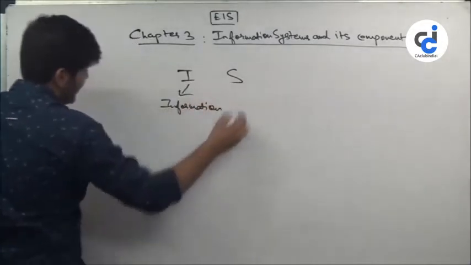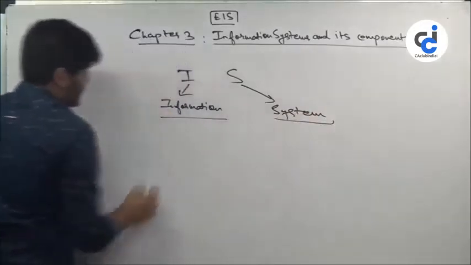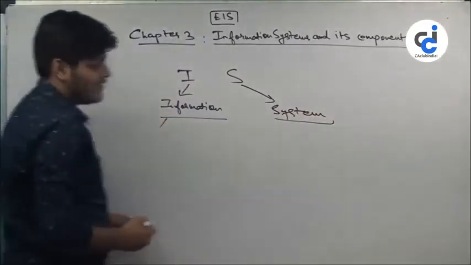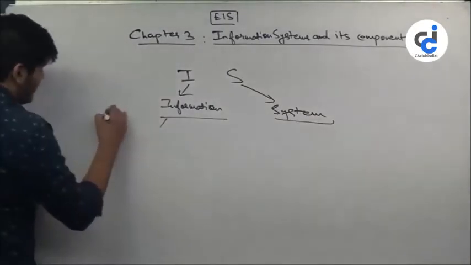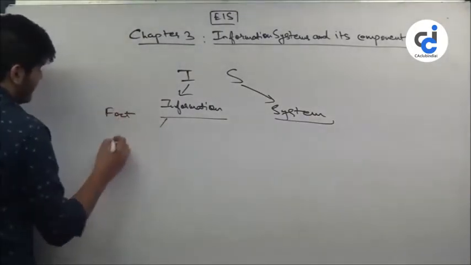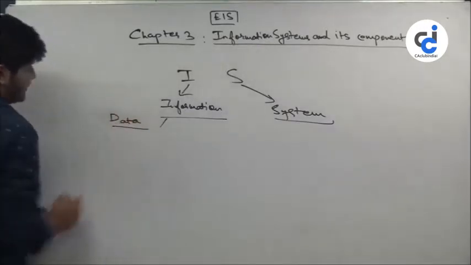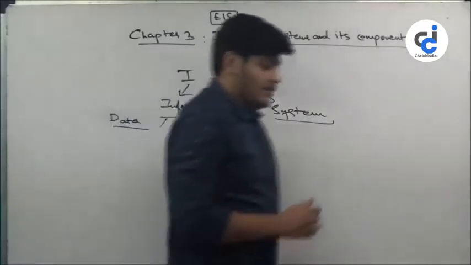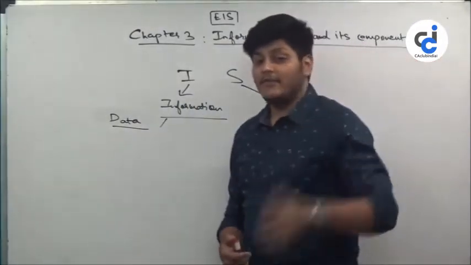the word information is derived, and system we have. The word information can also be related to a word that we might have studied before, the word data. How many of you know the difference between data and information?